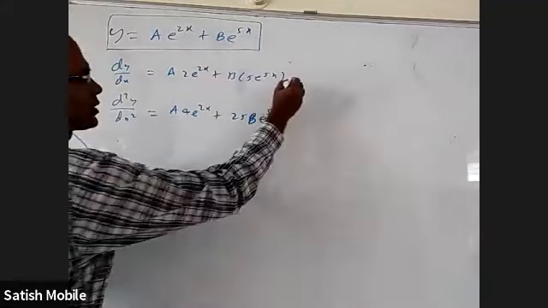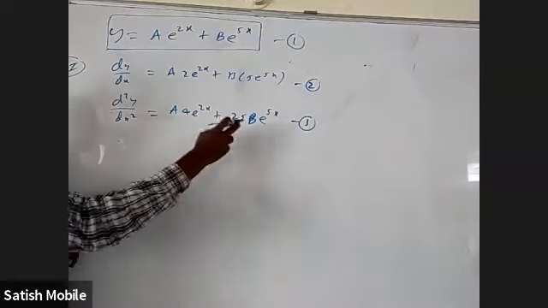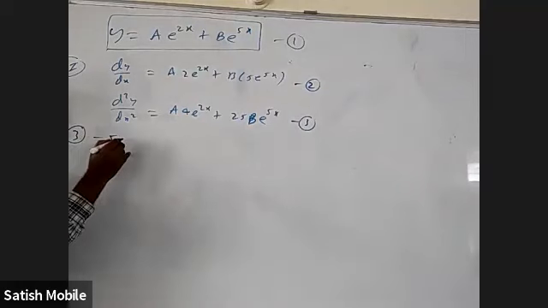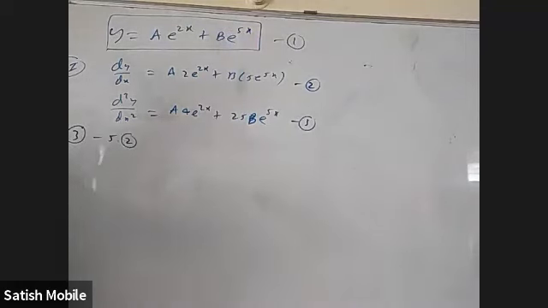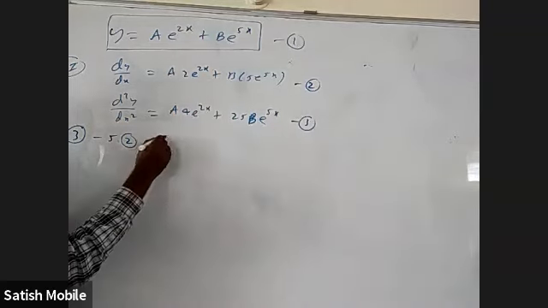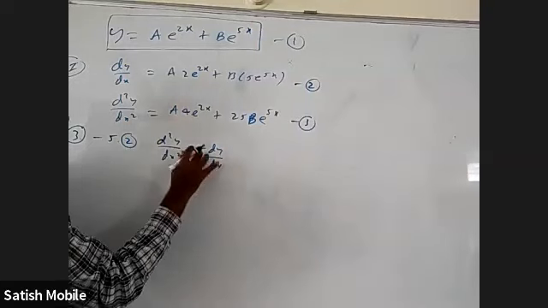So if I call this equation 2 and equation 3 and this is equation 1, how to eliminate b? Multiply this with 5 and subtract. So take equation 3 minus 5 times equation 2. Then this will be gone, and what I will get is d square y by dx square minus 5 dy by dx.